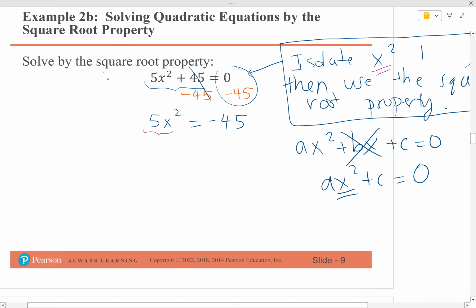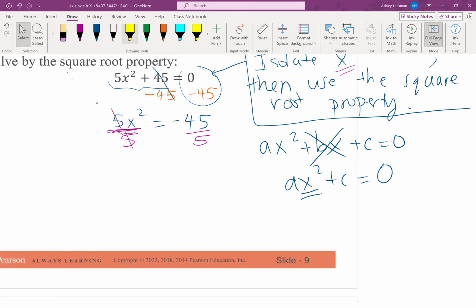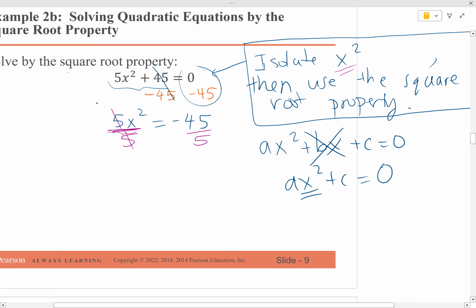Right now I have the whole term isolated, but I actually want to get rid of that 5. So I would say change that from x squared term to just x squared. If I divide both sides by 5, these 5s cancel. And on the right side, negative 45 divided by 5 would be negative 9.